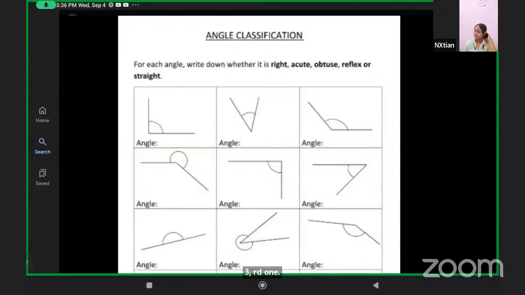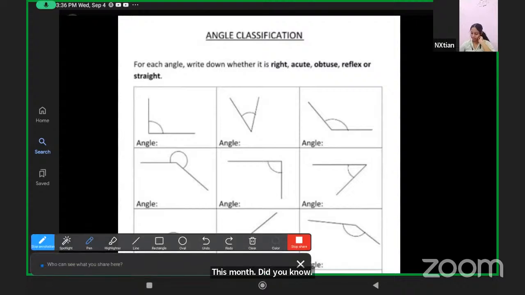Ma'am, it is an obtuse angle. Obtuse angle. That's right. Yes, Simeon. Fourth one? It's a reflex angle. Reflex. Very good. Abraham, fifth one. Ma'am, which one, ma'am? This one.